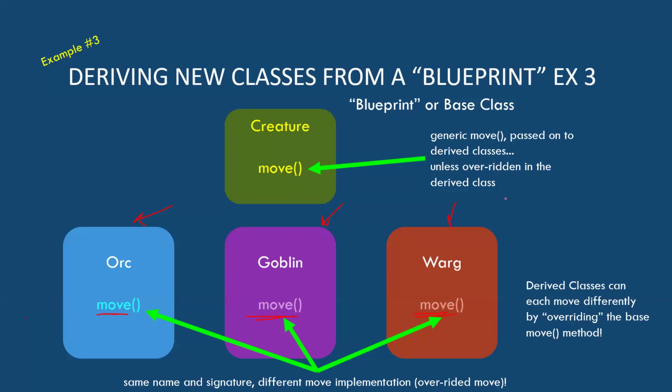And I don't really need to know what kind of thing it is because we've enforced using the exact same overriding function signature, okay? So there are situations in code that can get much cleaner where we don't have to say, if I'm an orc, call this, else if I'm a goblin, call that. We just say, hey, go move that thing, because we know they all have an overriding move that matches across all of them.